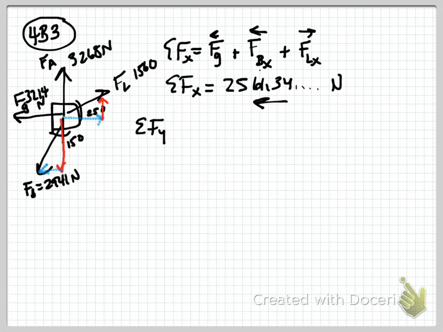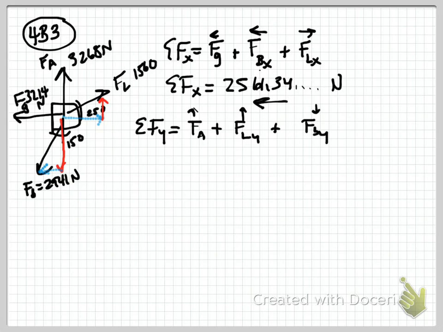We'll do our sum of forces on the y, and we have the force of Ashley, which is north, plus the force of Leanne on the y, which is also north, and that's being countered by the force of Brooke on the y, which is south.